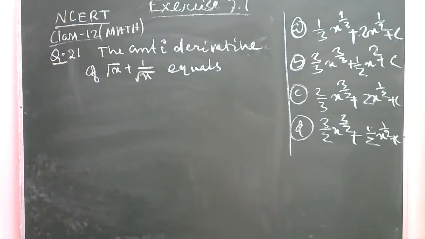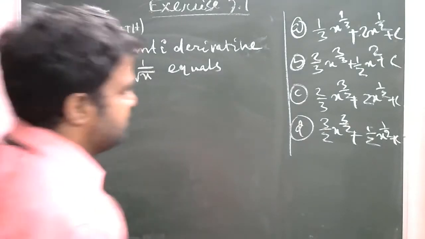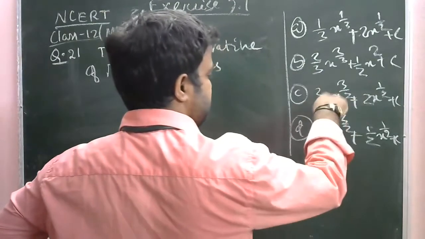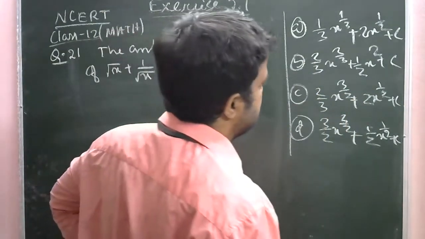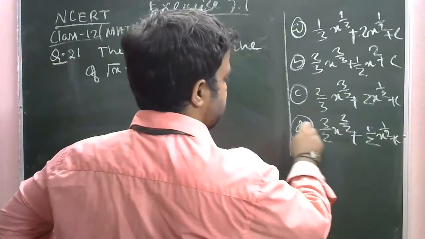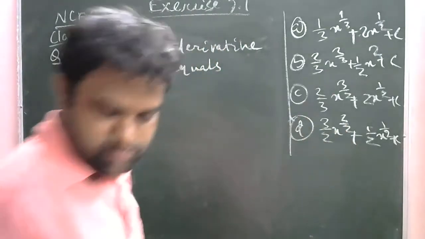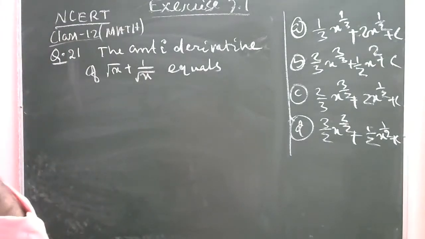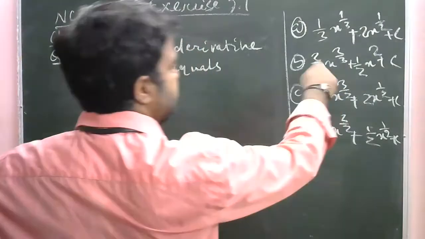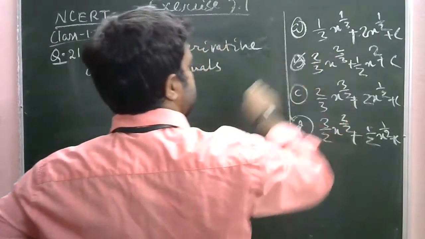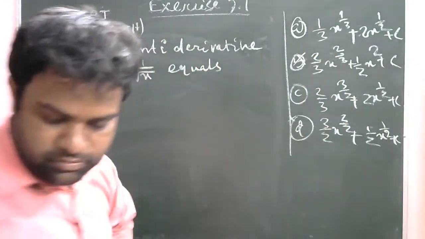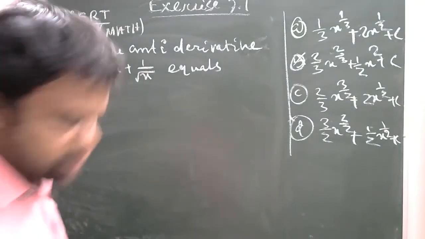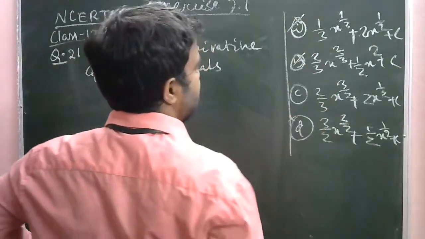So one trick is 2 upon 3 with 3 by 2, like this it can be possible. 3 by 2 with 3 by 2 is not possible. If this type of question comes in the entrance exam, you can think that 2 by 3 with 2 by 3 will not be there, and 1 by 3 with 1 by 3 is not possible.